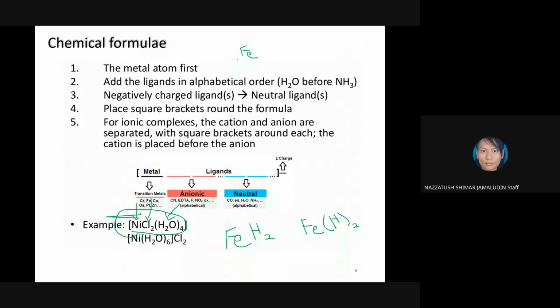The first one is this. The second one is this.